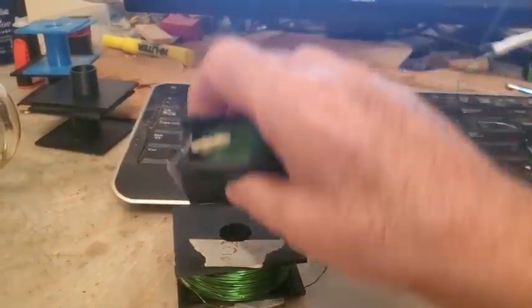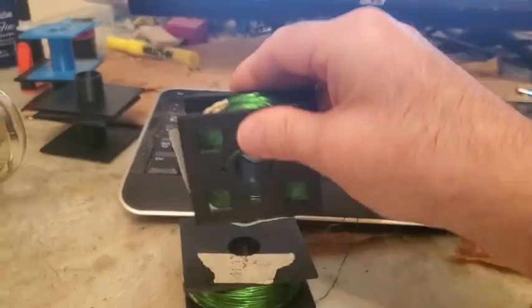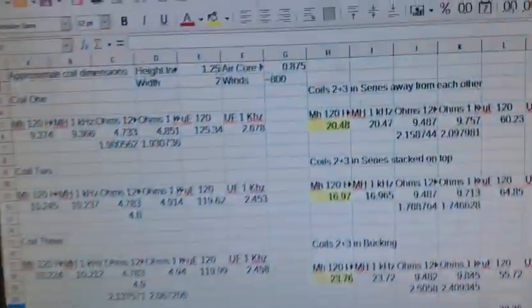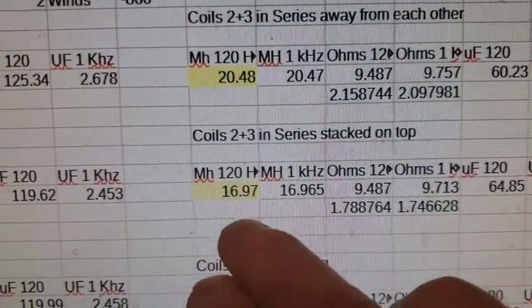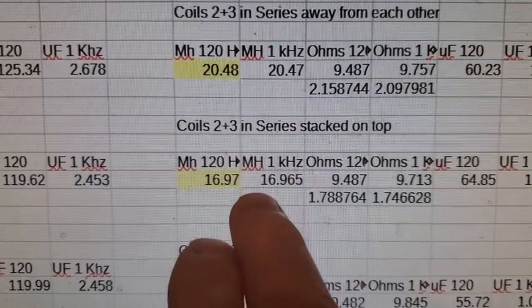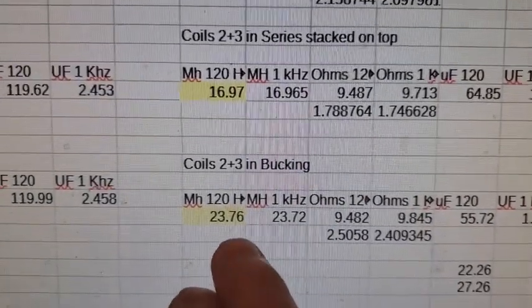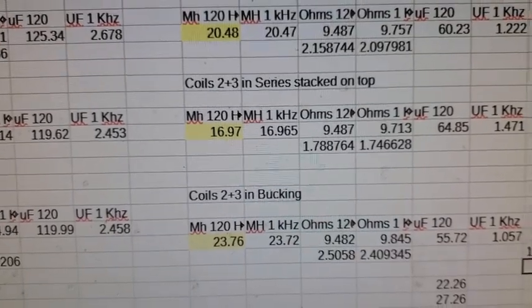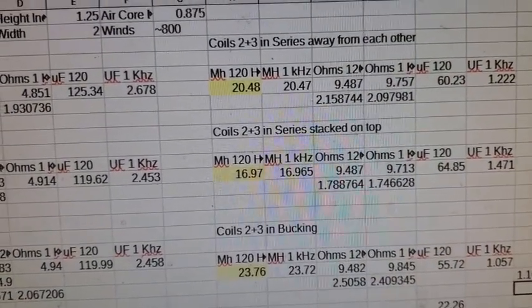Depending on where you wire them together and how you have the coils, you get a big difference in inductance. So in one case, the inductance begins to cancel out, and in the other case, it's adding. So there's a couple things there.